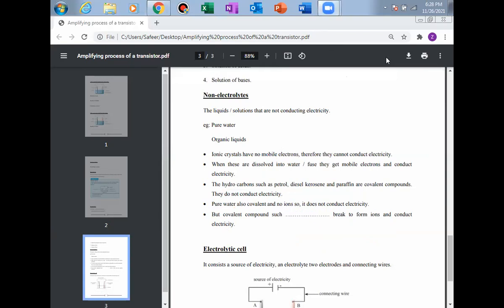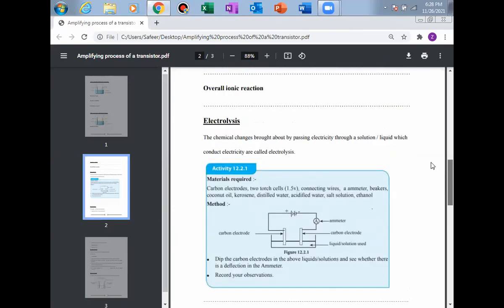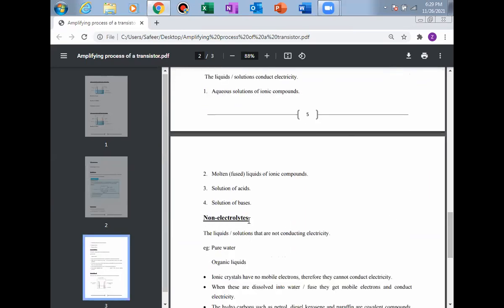See the words electrolysis, electrolyte, and non-electrolyte. They are different. Electrolysis, here lysis. Here I am saying electrolyte, here non-electrolyte.